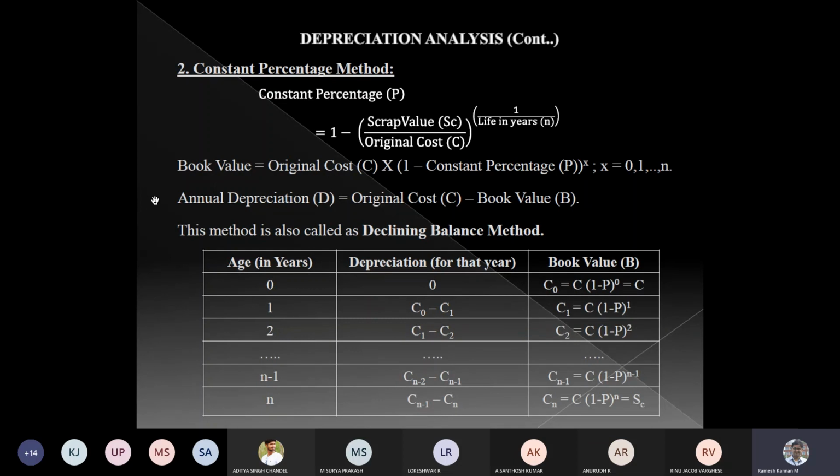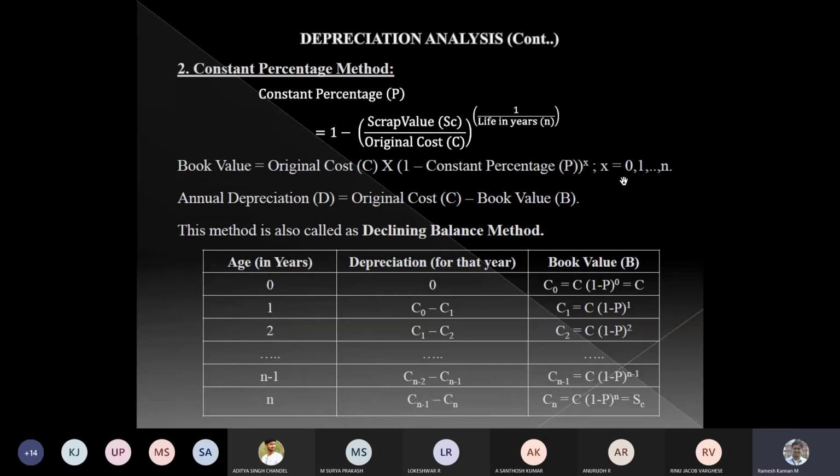So let's take a look at it. C0, the book value at 0. In the previous case, we talked about depreciation to book value. In this case, we'll be finding out book value to depreciation. So C0 is the initial book value of the year 0. It's nothing but the original cost C multiplied by 1 minus P, 1 minus P power 0.